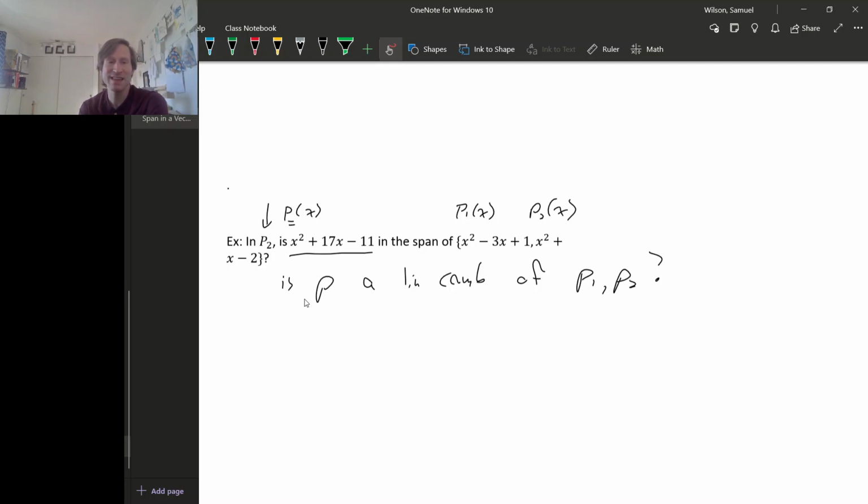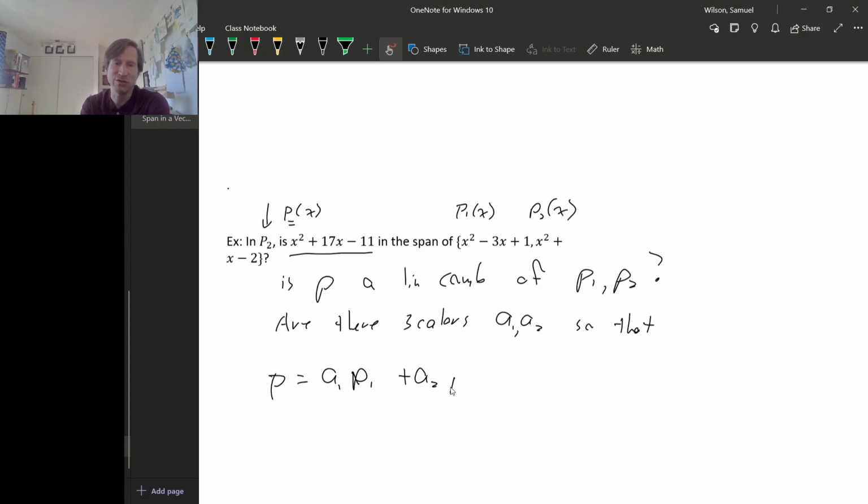Or another way to say that is, are there scalars A1 and A2 so that P is A1 P1 plus A2 P2? This is the question we're trying to answer. But just like if all of these P's were vectors, we could just write down what each one of these things is and see what sort of equation it gives us.